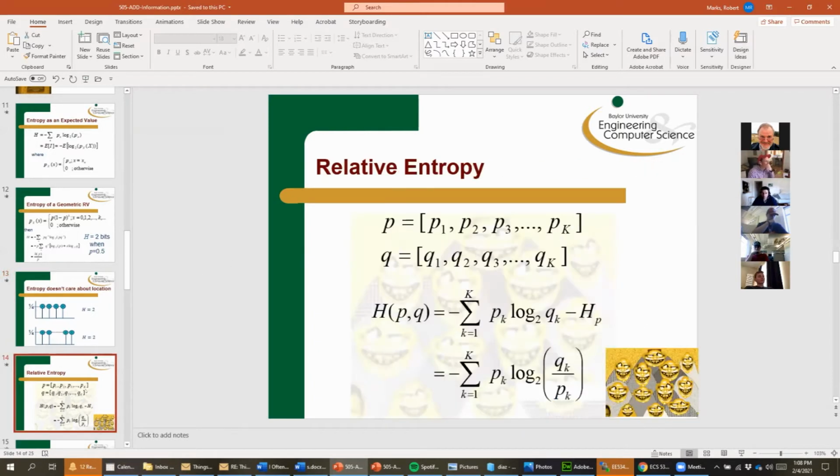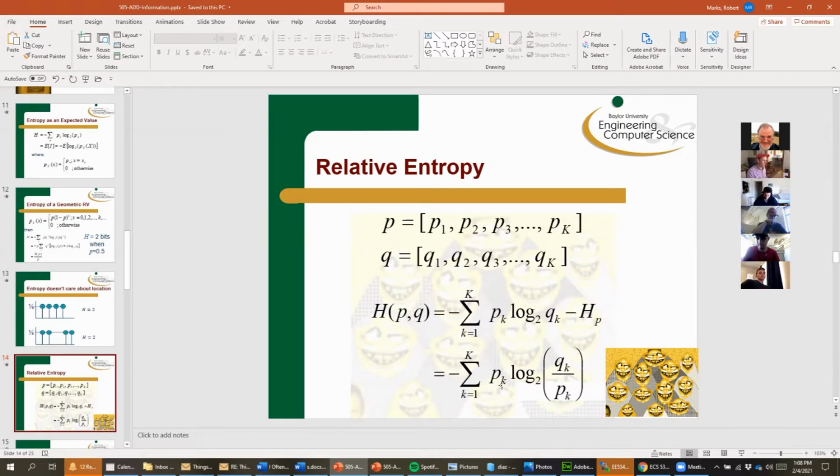We'll now deal with relative entropy. Relative entropy compares 2 probability distribution functions. One is P, the other one is Q. They both have the same number of elements from p_1 to p_K. And so this is, in a way, looking at the entropy of P and Q. This is the definition of the entropy between P and Q. It is recognized as the cross entropy minus H_P, but the bottom formula really is what captures it.